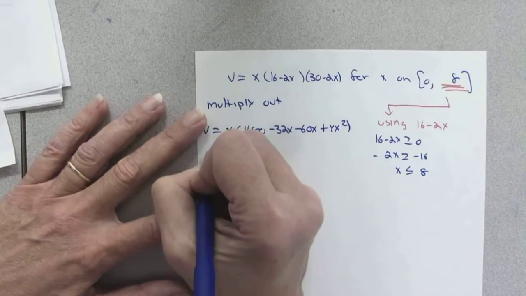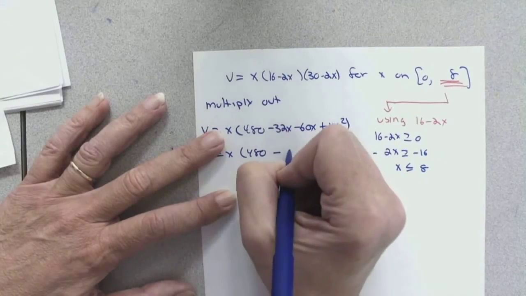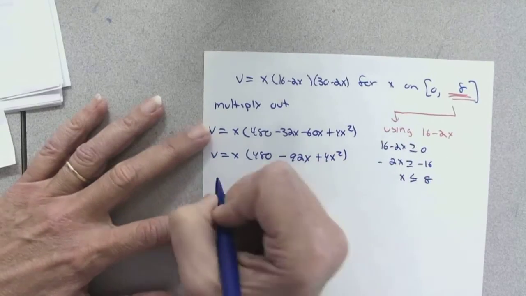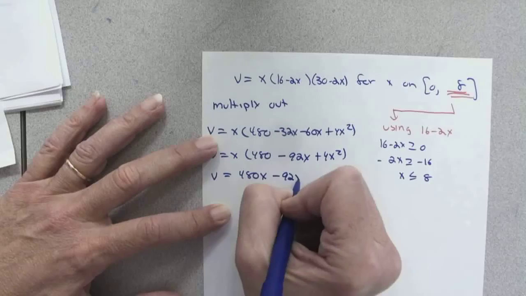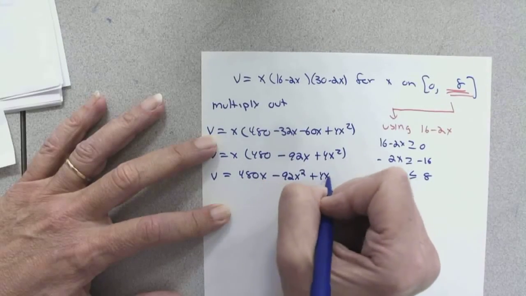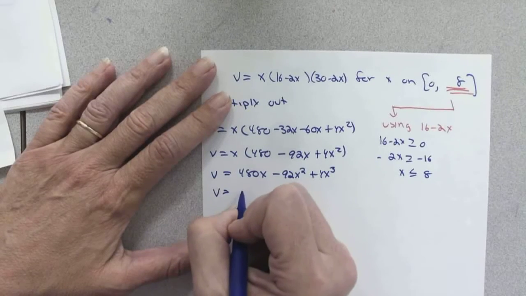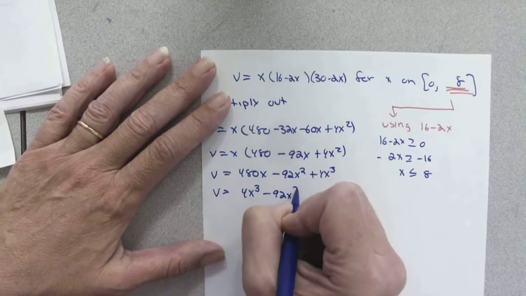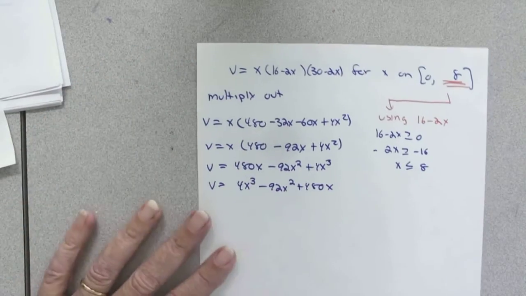I'm good with that. That's x times 480 minus 92x plus 4x squared. And so 480x minus 92x squared plus 4x cubed. And just turning that around so it's in descending order because it looks prettier that way. There's my function.